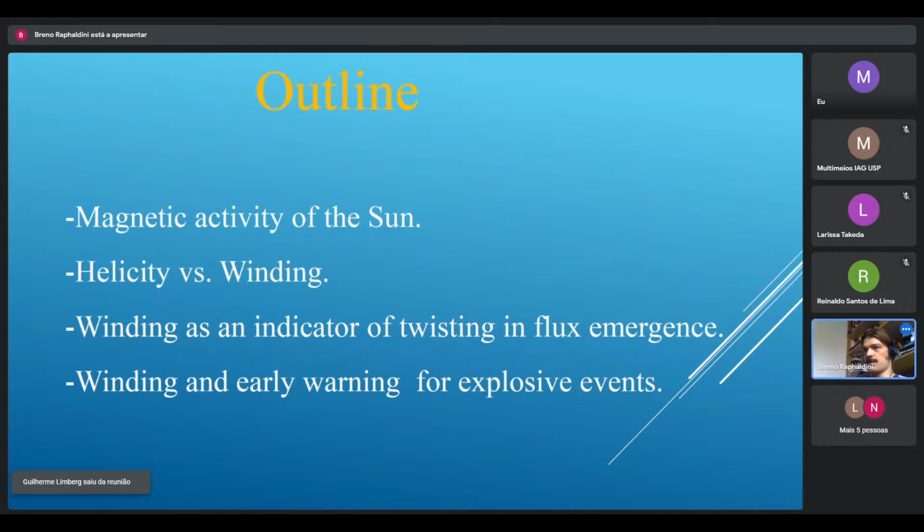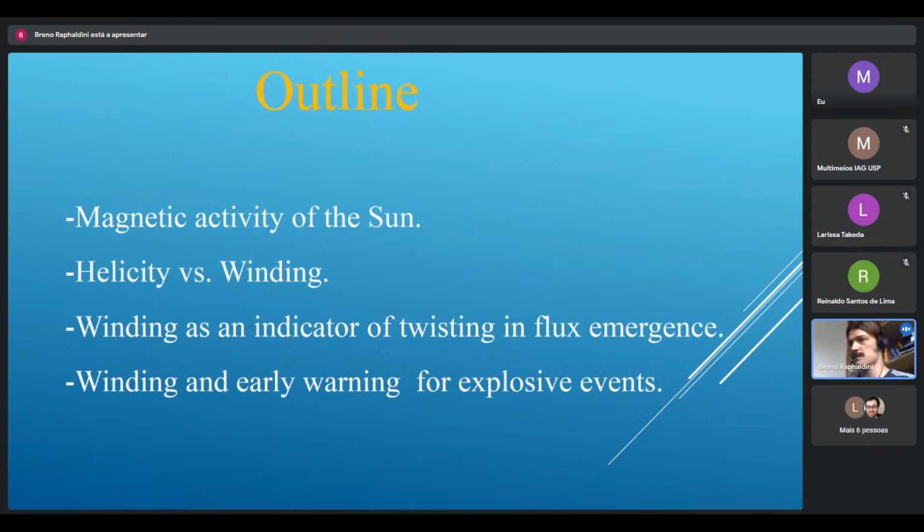And I'll show that this quantity, the magnetic winding, which is related to the topology of magnetic fields, can be used as an indicator of flux emergence and explosive events in the sun, such as solar flares and coronal mass ejection events.